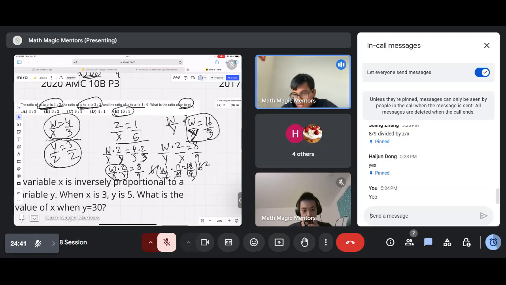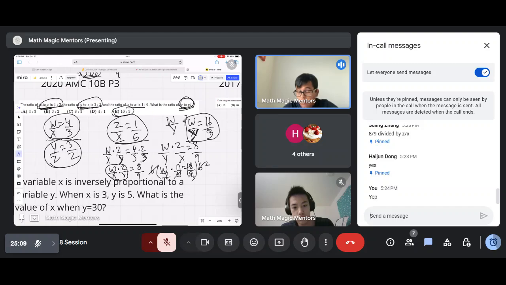Now, how do I know that I have to divide w over x by y over z? Well, because the question asks you to find w to y, right? And w to y is usually w over y, right? That's how you can write proportions in terms of fractions. So I'm going to write w over x divided by y over z, and then the rest just follows through algebra and writing z over x as 1/6. That's just it.